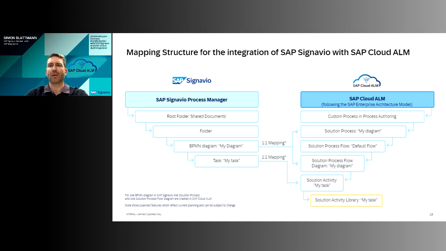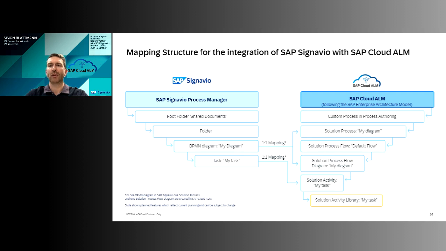Looking at the example, how did we map the names? The name of the BPMN diagram in Signavio, so my diagram name, becomes the name of the solution process, my diagram. The solution process flow in SAP Cloud ALM remains as the default flow.